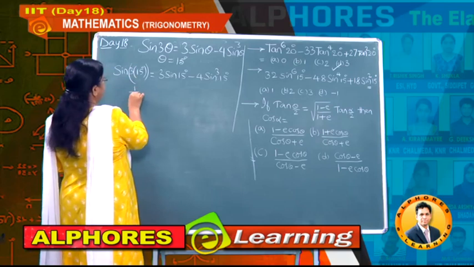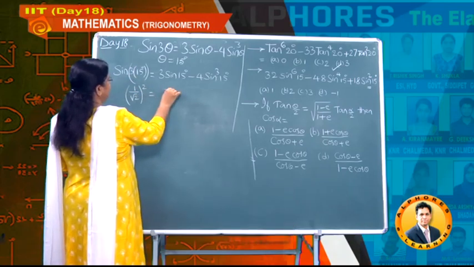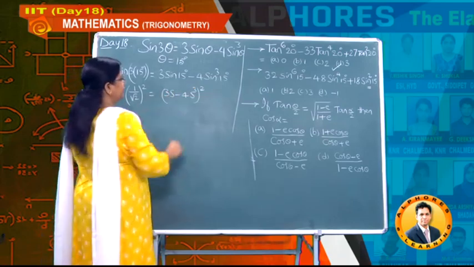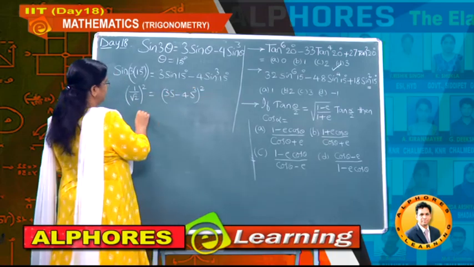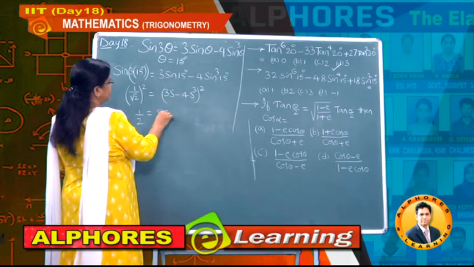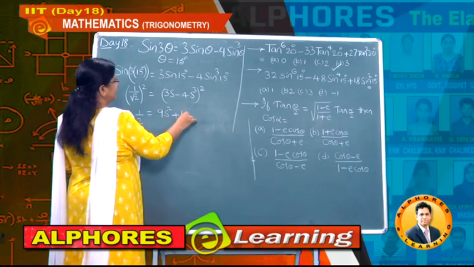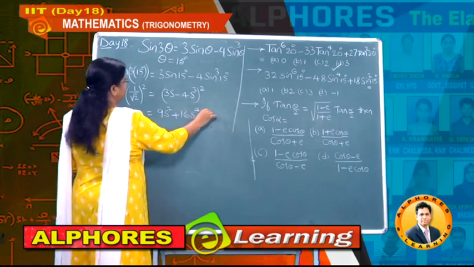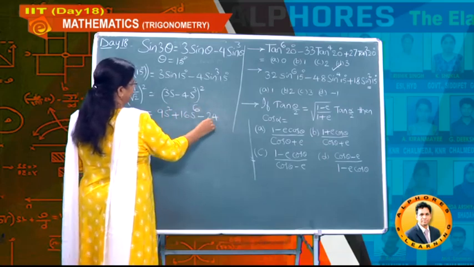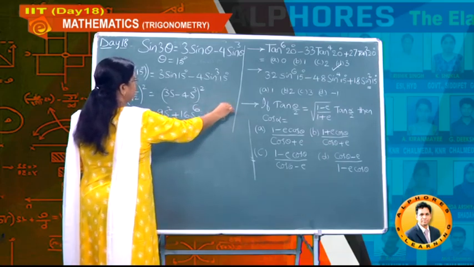So 1 by root 2 whole square, and this side you are having here 3 sine minus 4 sine cube whole square. Understand students? And now let us expand. This is 1 by 2, and this side you are having 9 sine square plus 16 sine to the power of 6 minus 24 sine to the power of 4.